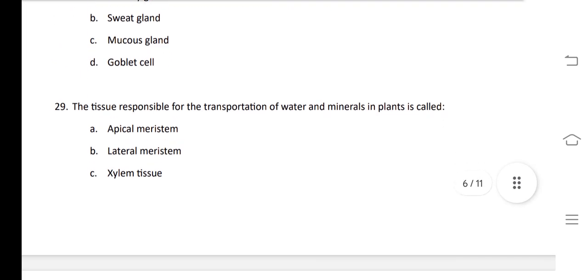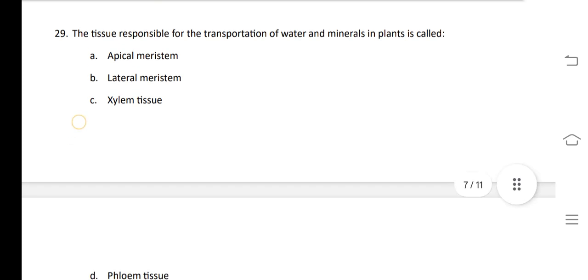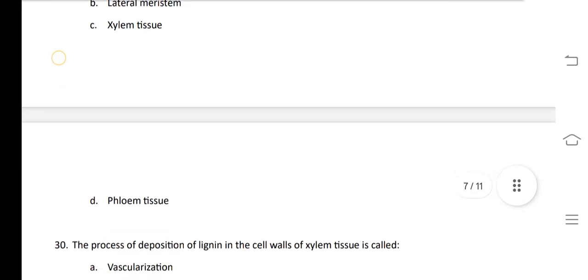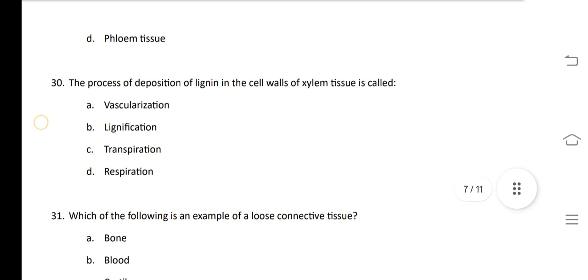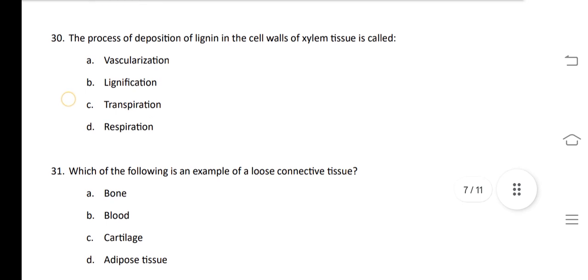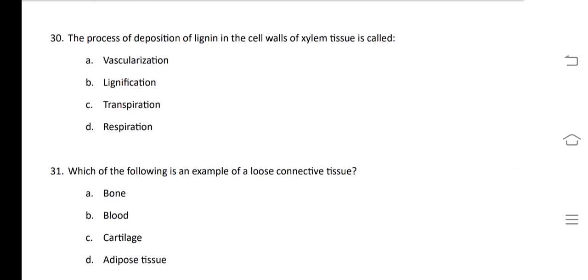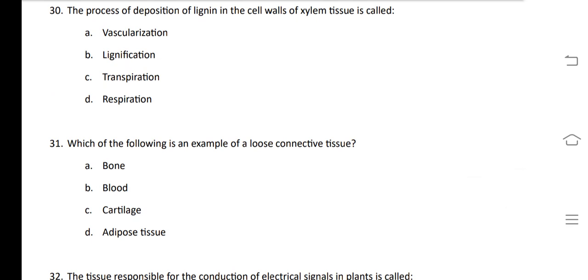So remember this question. And our next question is, the tissue responsible for the transportation of water and minerals in the plant is called. For the transportation of water and mineral, that is xylem tissue. And our next question is, the process of deposition of lignin in the cell wall of xylem tissue is called lignification, whereas transpiration is the loss of water vapors from the aerial part of the plant, and respiration is the production of energy in the cell.